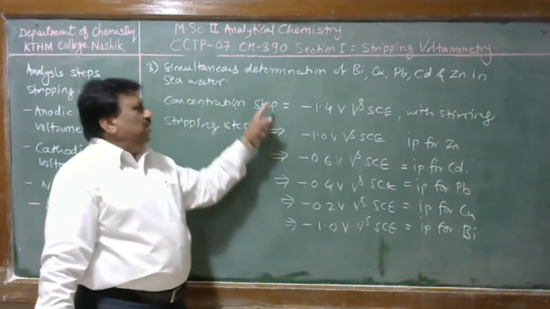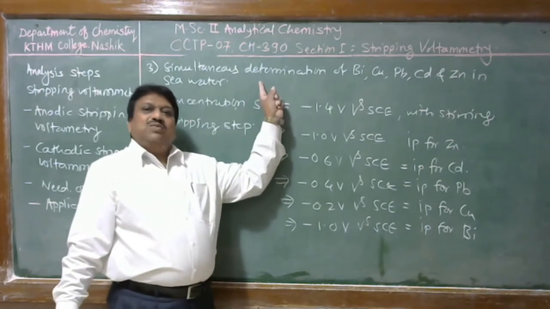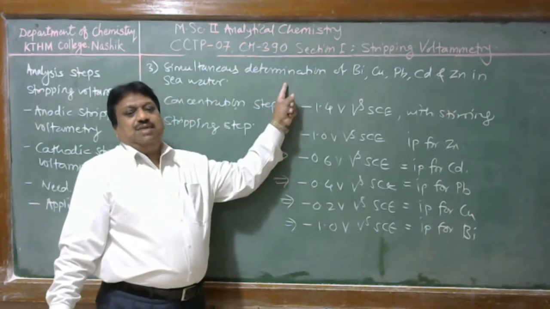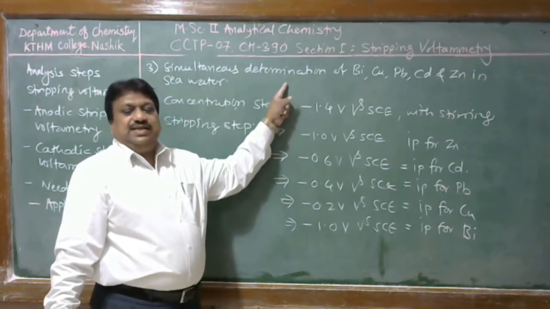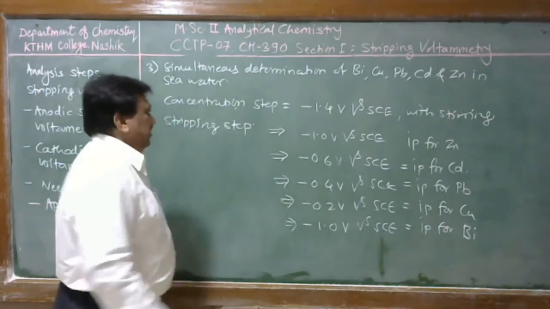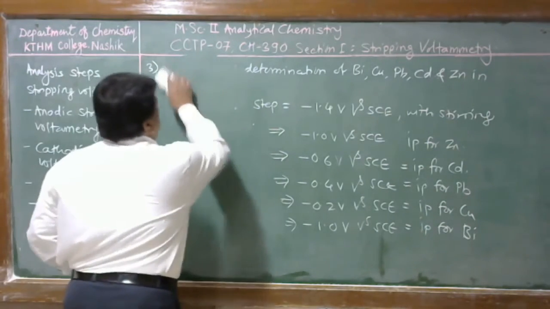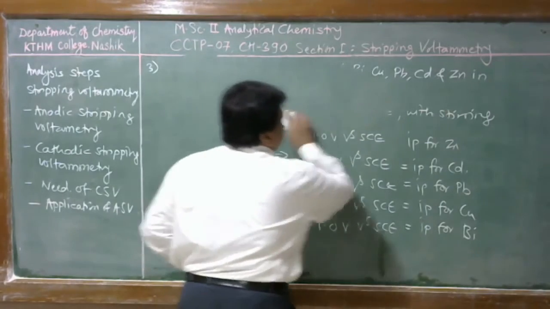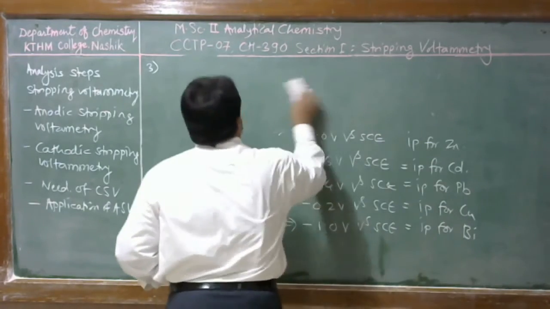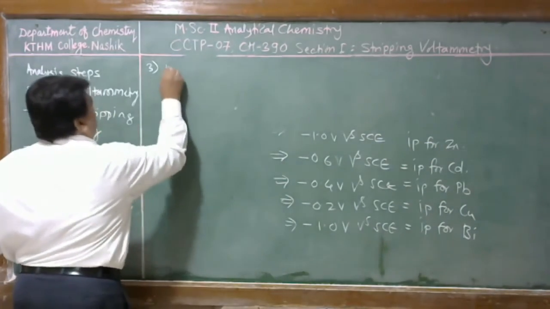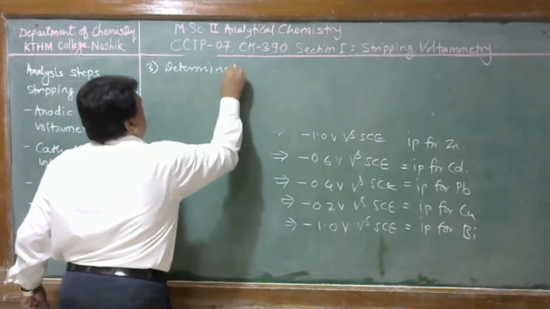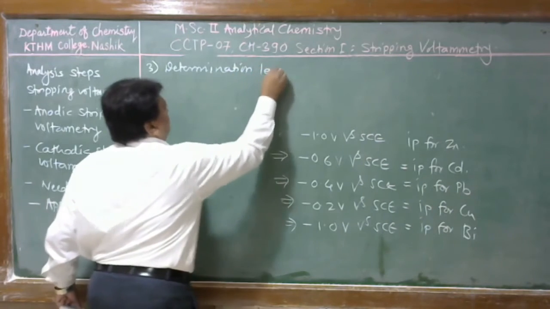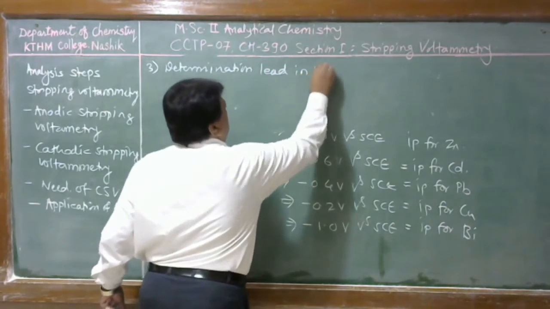In this way, we can measure more than 5 elements by this stripping voltammetry if those differ widely in their reduction potential. Now we discuss the next application of this stripping voltammetry, that is determination of lead in blood sample.